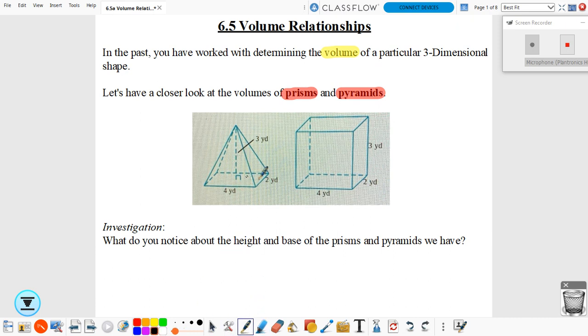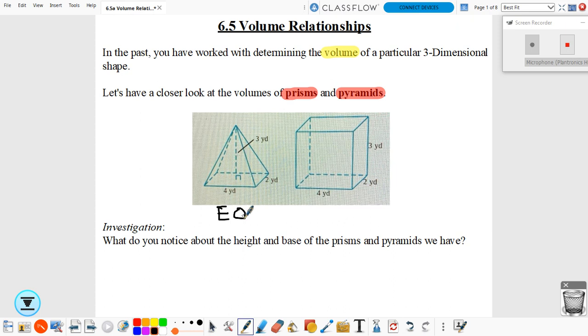Notice we have some sort of rectangular based pyramid over here on the left. And over here we have some rectangular prism, or rectangular based prism, whatever you want to call it. Now, we are able to calculate the volumes of these. We have the formulas on our EQAO formula sheet, right? Maybe we could even just write that here.